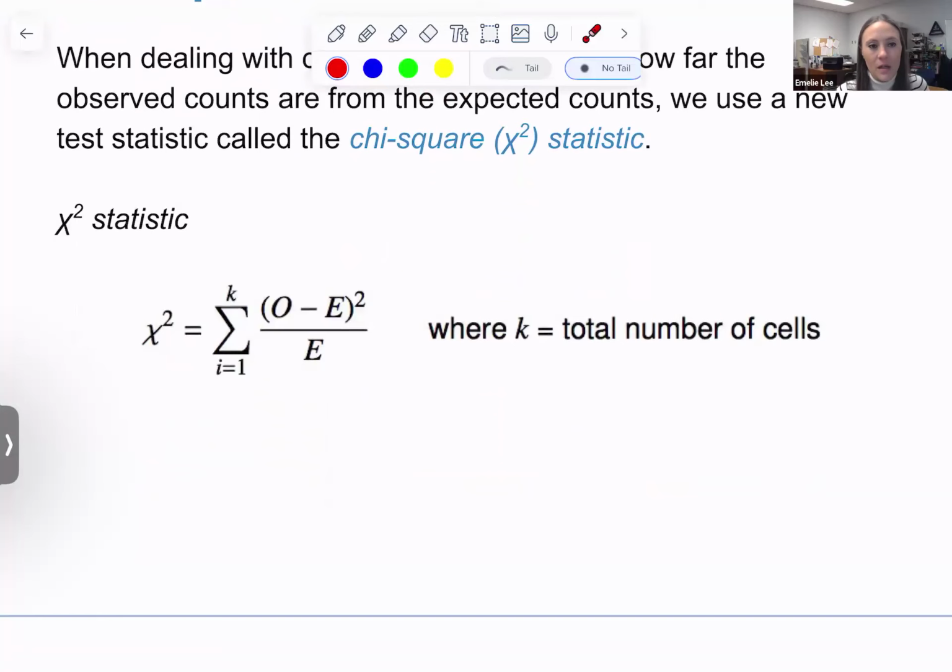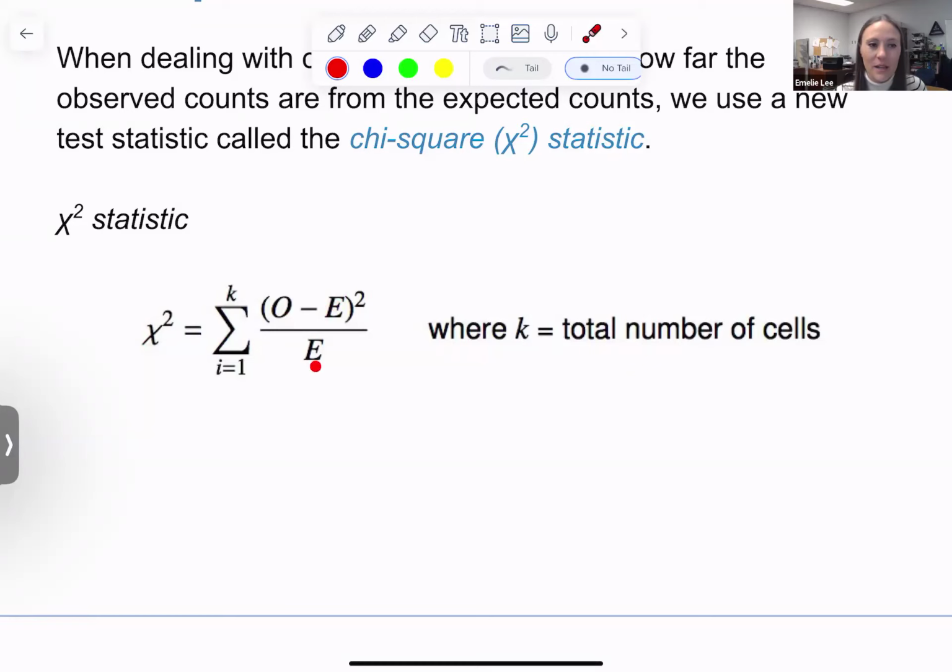Chi-squared is the sum from i equals 1 to k, across the categories, 1, 2, 3, 4, 5, 6 in our case, of the observed minus the expected, how far the observed is from the expected. And then we square that because otherwise when we sum things, they'll cancel out. And so we square them to make them positive and to amplify big differences.